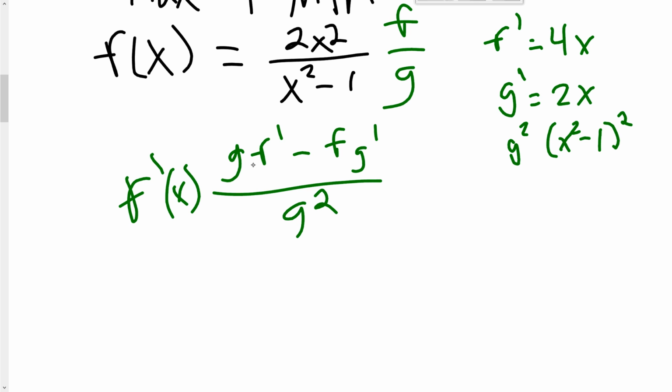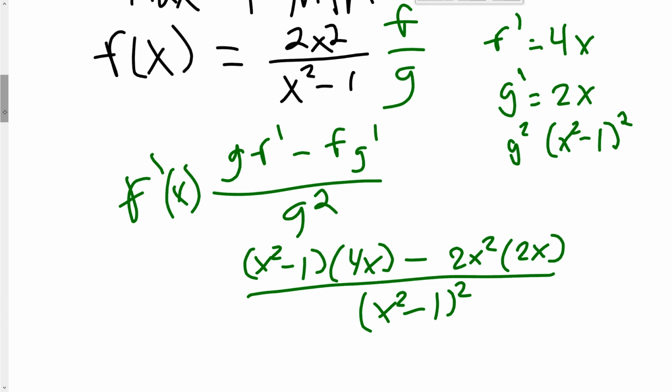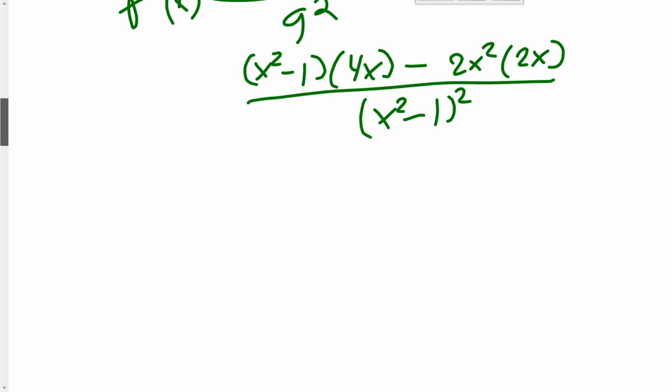All right, so then it's g times the derivative of f, minus f times the derivative of g, all over g squared. So the tricky part is now we're not just looking for the first derivative.